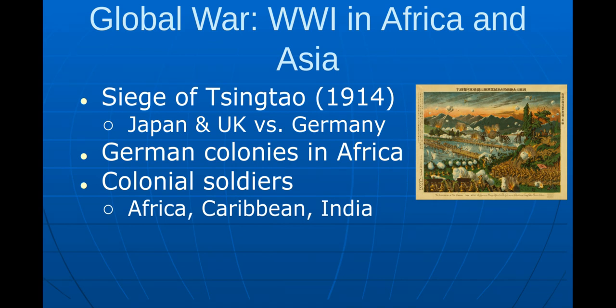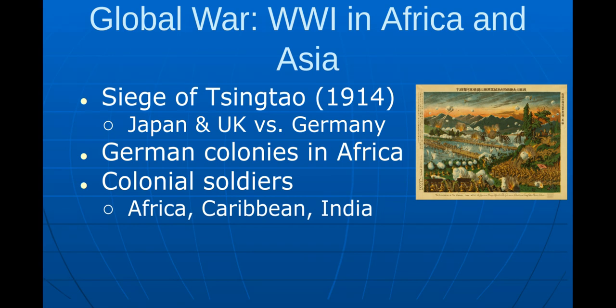Remember, this is a world war. It's a global war. It's not just taking place in Europe, but also in China. China had been terribly weakened over the 19th century and was really emerging from its imperial era. And you had these different European nations that had control of various trading zones in China.